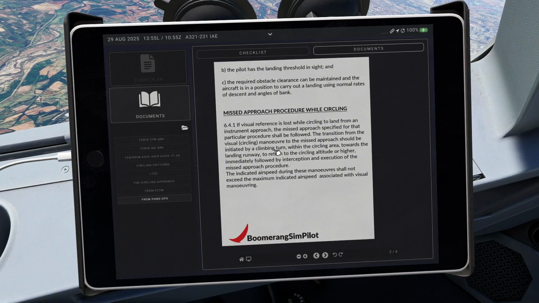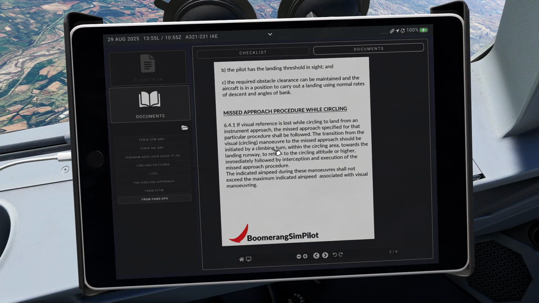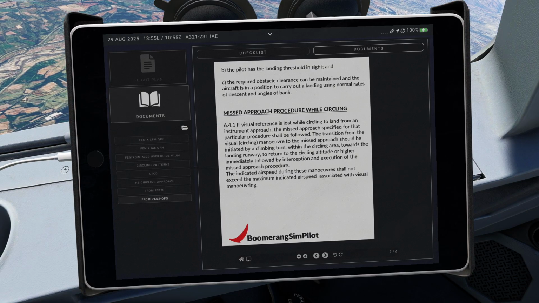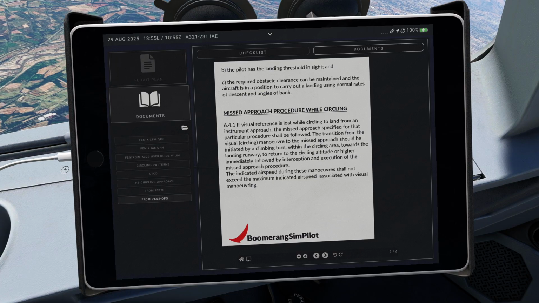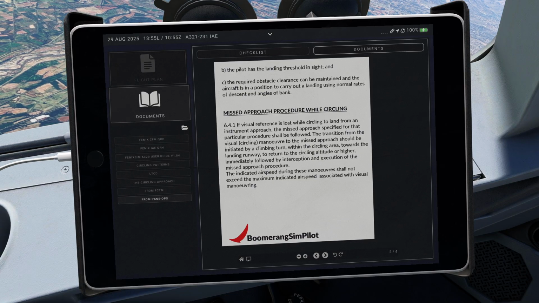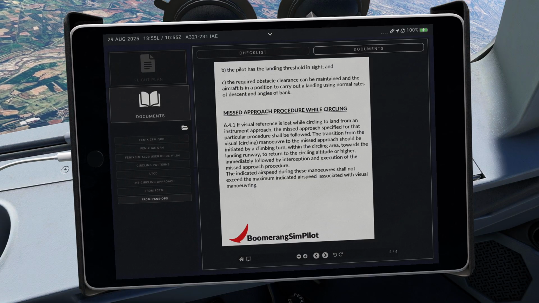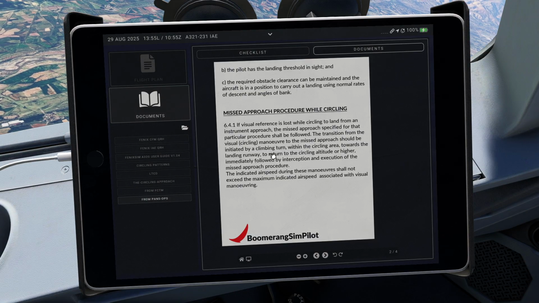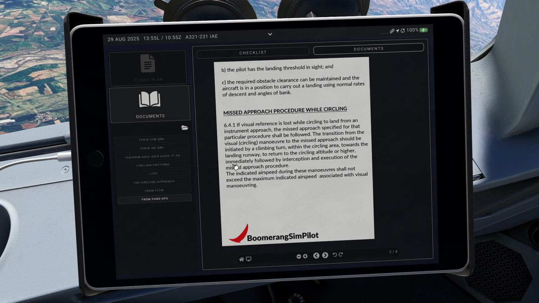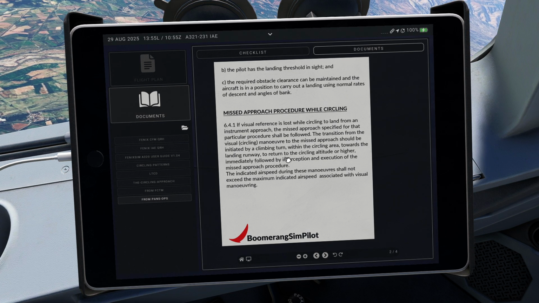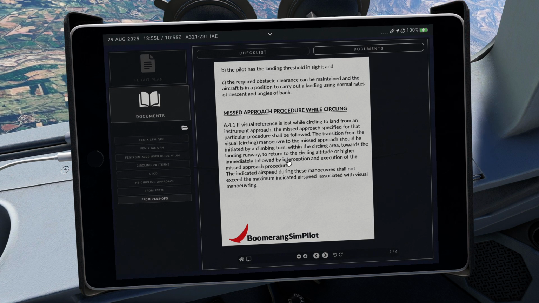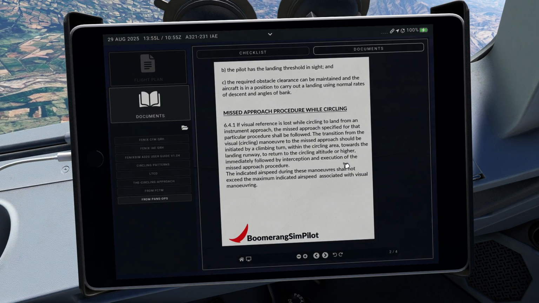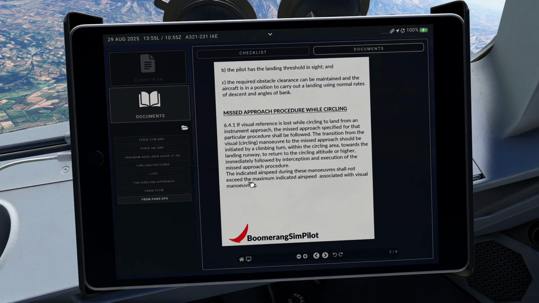If you are going from the circling to the go-around or missed approach procedure, you have to turn toward the landing runway, toward the aerodrome, with a climbing turn, not descending, not level off. Within the circling area toward the landing runway, return to the circling altitude or higher immediately, followed by interception and execution of the missed approach procedure.